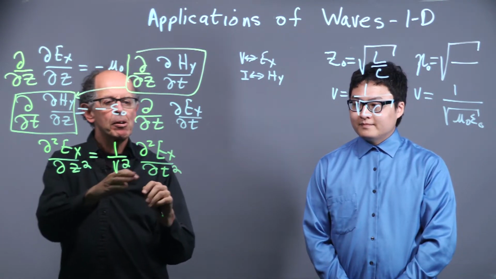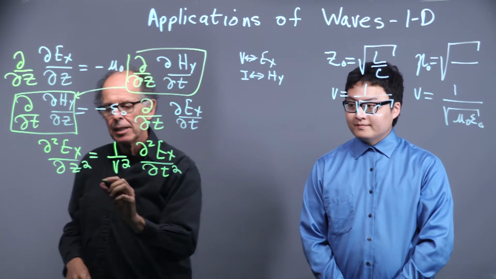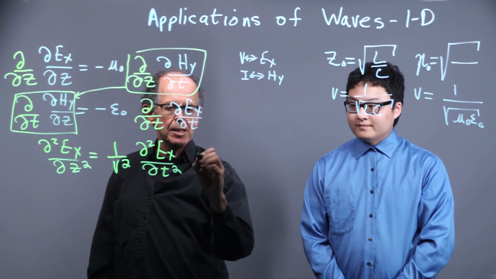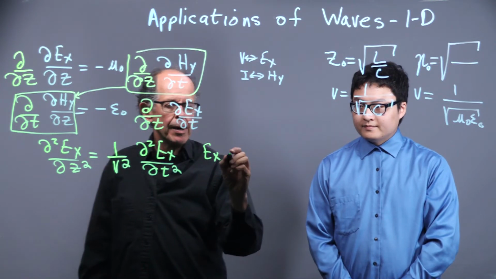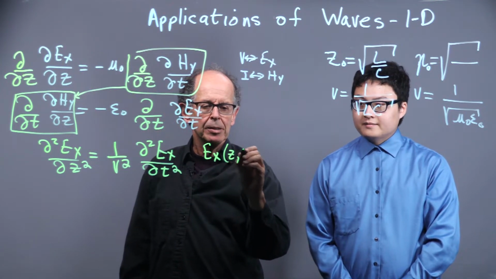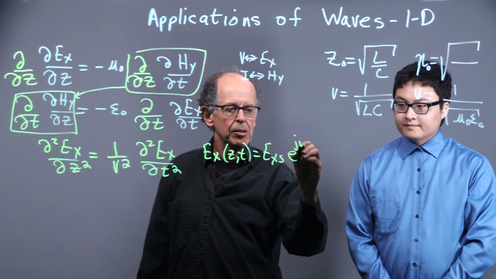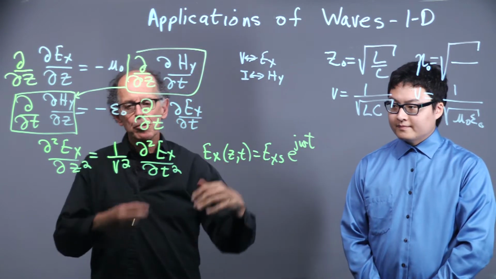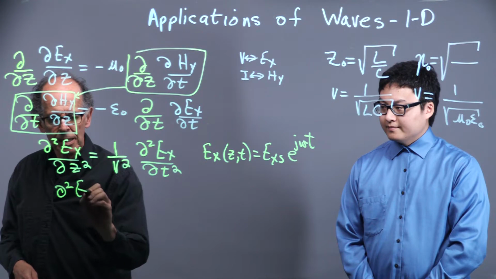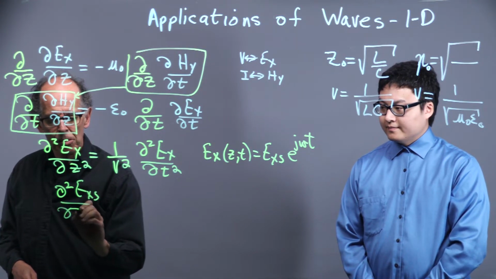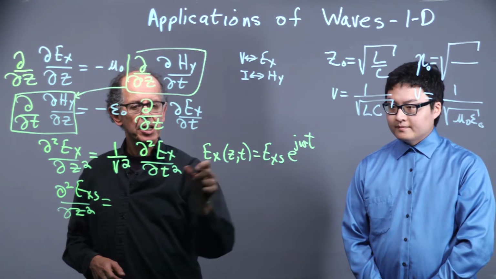Now in phasor form, if we represent this by writing EX of Z and T as EXS e to the j omega t, we substitute in, and we get d squared EXS dz squared is equal to, of course, this brings down j omega twice.